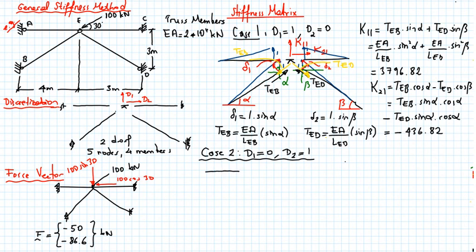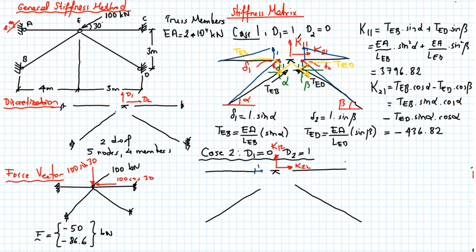So member AE, node E. Now I'm applying K22. This will create a unit horizontal translation. And I apply K12 to keep the vertical translation equal to 0. Now let's see how the deformed shape looks.